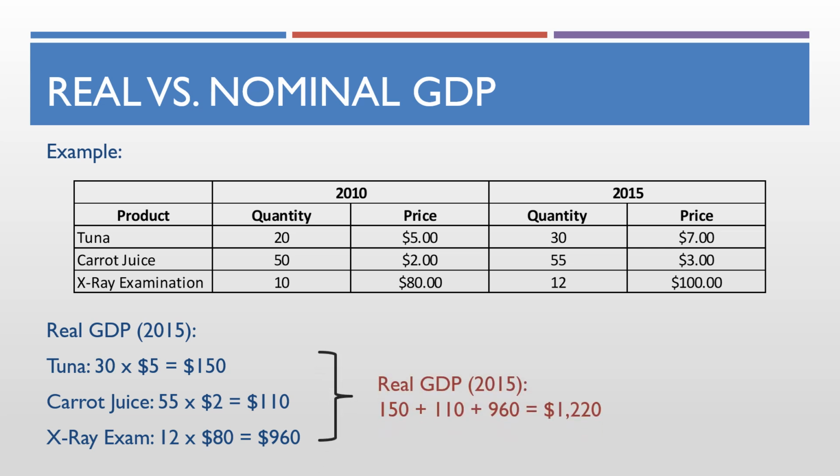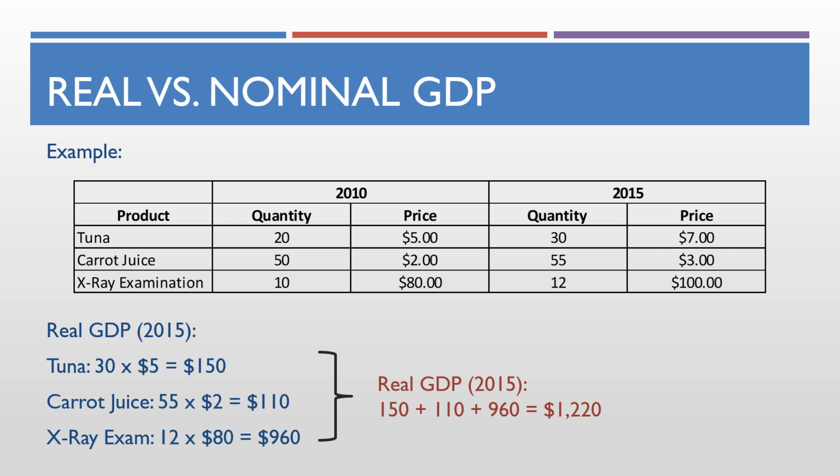So the real GDP in 2015, using the base year price of 2010, we get the value of 1,220. So in this measurement, we get a lot smaller value. But this value can be directly compared to the GDP in 2010, because in both years we're using the exact same set of prices. So price doesn't change, and the only thing that changed in the calculation is the quantity of the outputs.